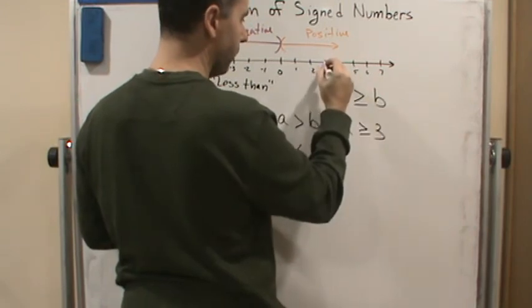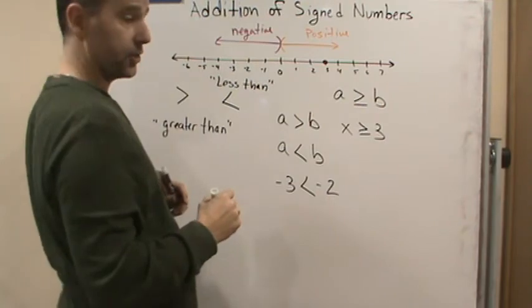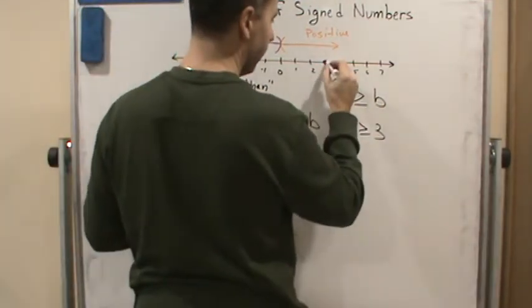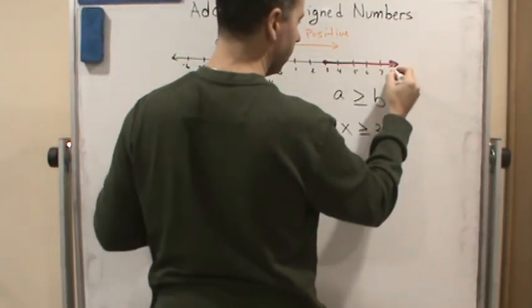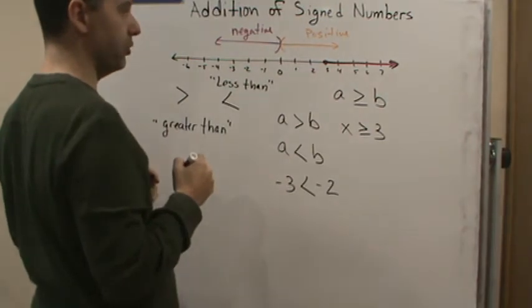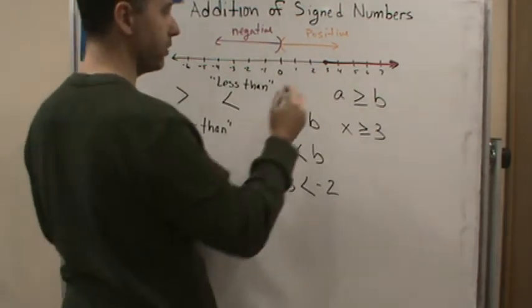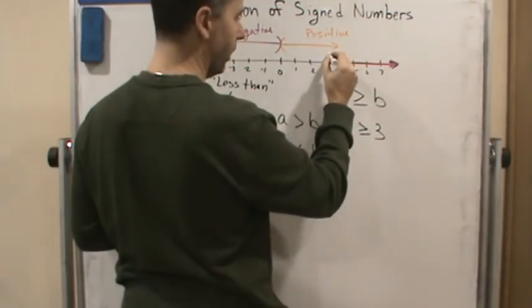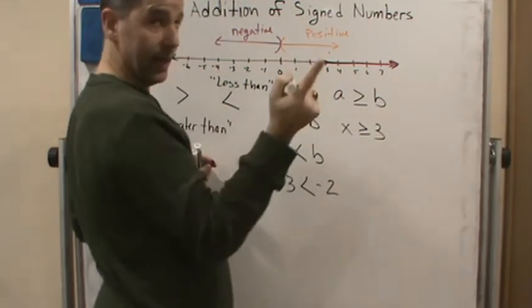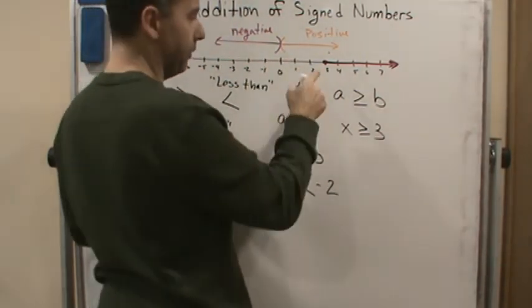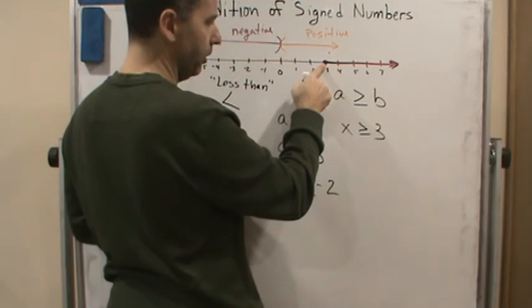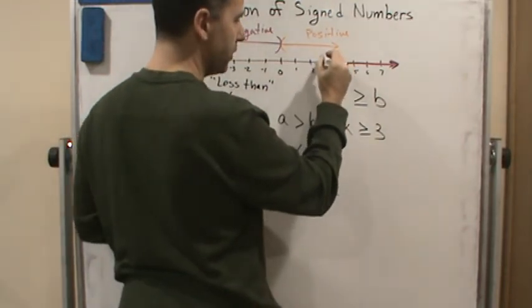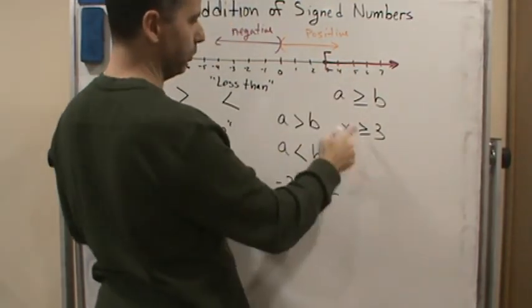So I would represent that with a solid circle, and then I would bold in everything to the right of that. Some books do both, but you could either use a solid circle, or you could use a square bracket to represent equals.